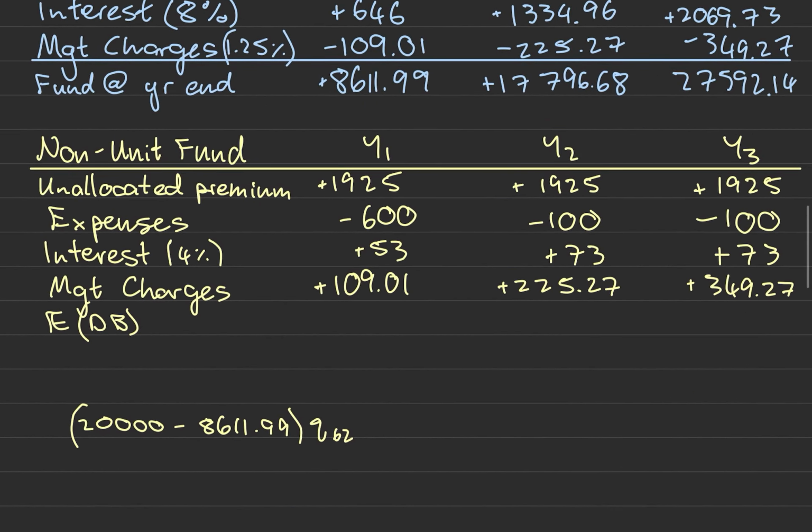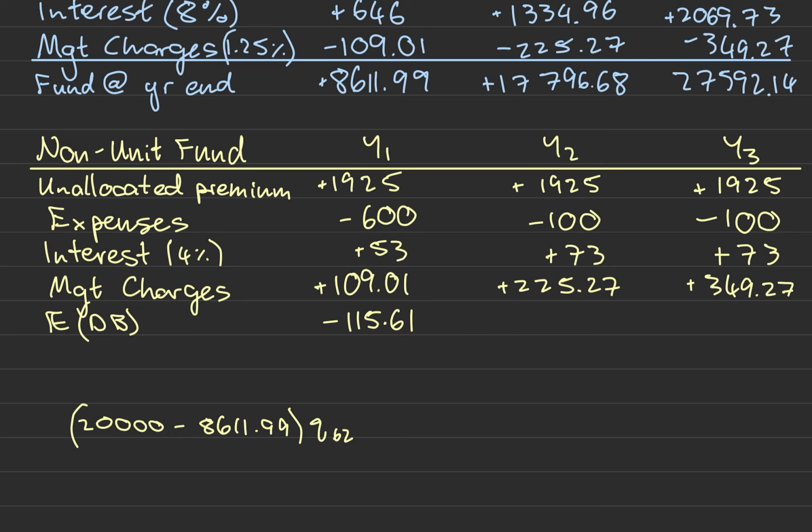So I'm going to pay in this difference with probability q62. My expected payout is the product of all of those, and it so happens to be 115.61. You get that from your table; I'm not going to show you how. This is an outflow from our non-unit fund because we have to chip in for this death benefit.